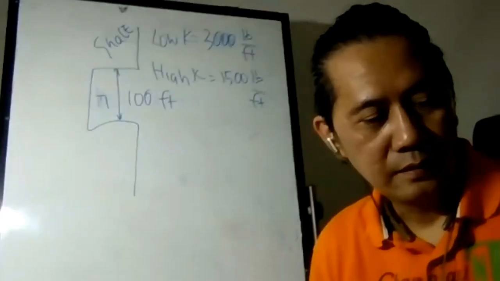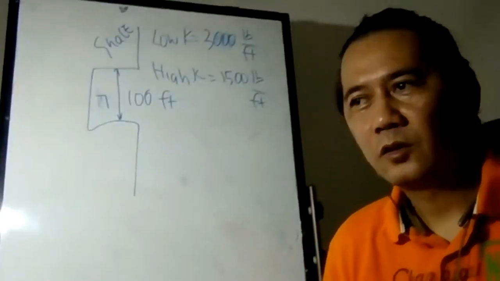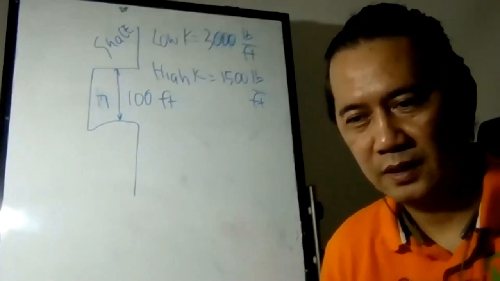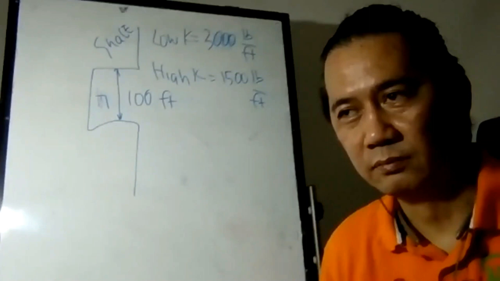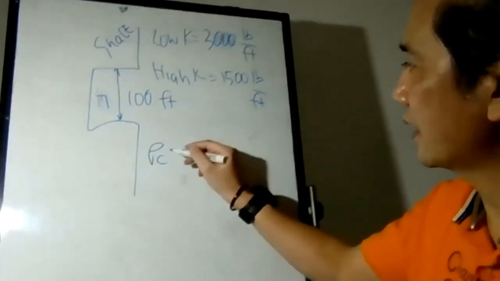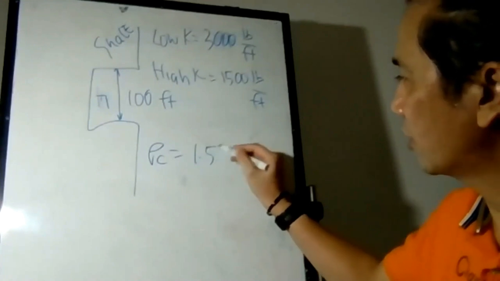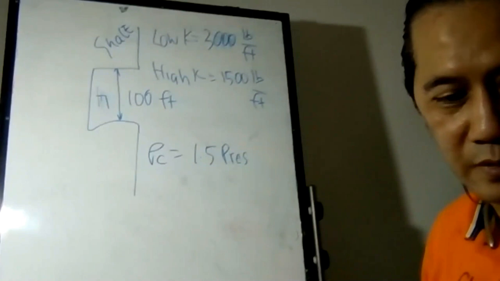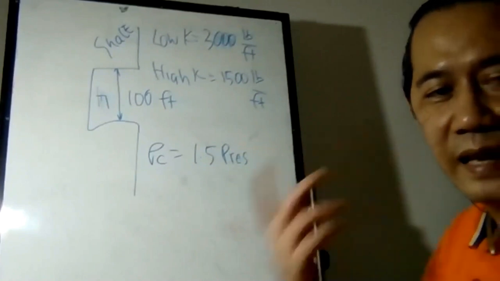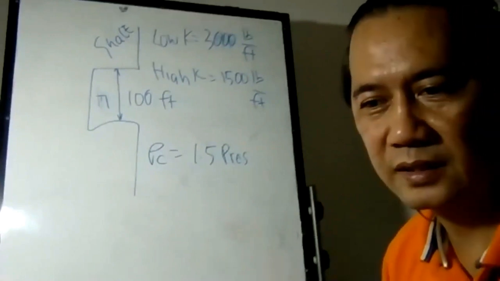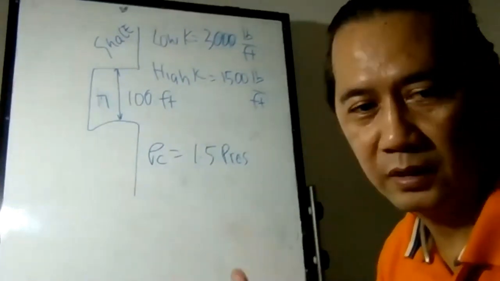Okay, let me answer that. The closure pressure that we are using is an assumption. You assume that my closure pressure is equal to 1.5 times P reservoir. This assumption has to be validated by what we call a mini frac. A mini frac is a service that you pump before the main frac.